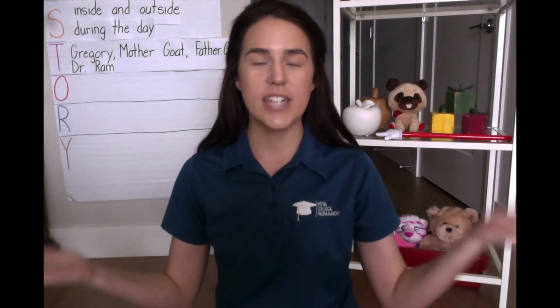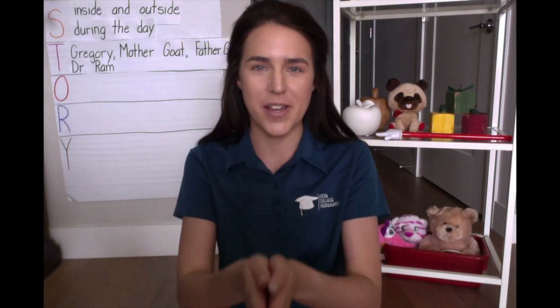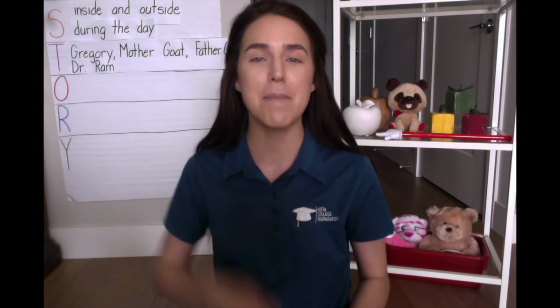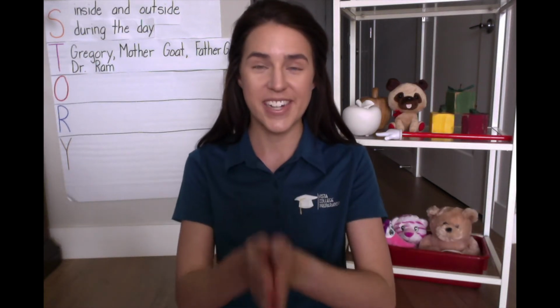O and R take place in the middle. One more time. O and R take place in the middle. And we're at the very end. Y takes place at the end. Good. Say moving on. Awesome work today, scholars.